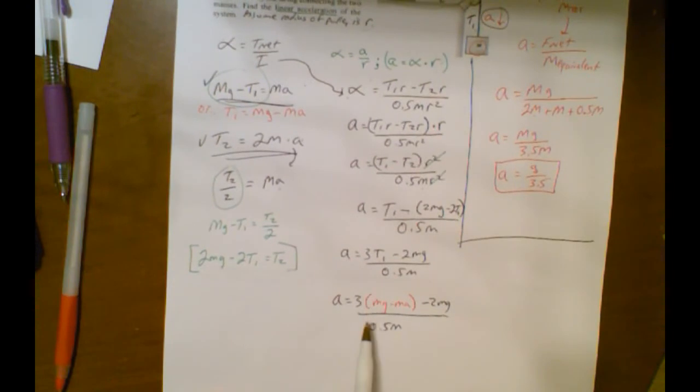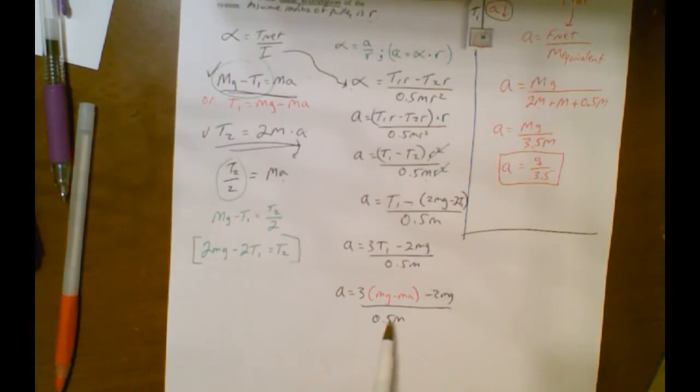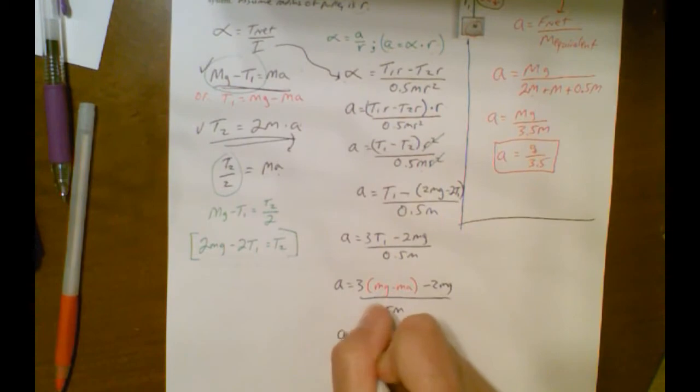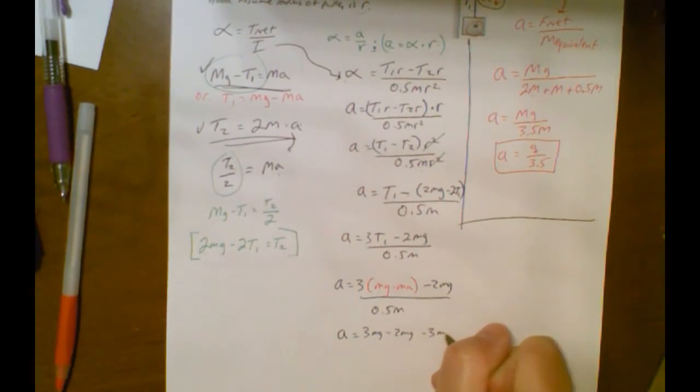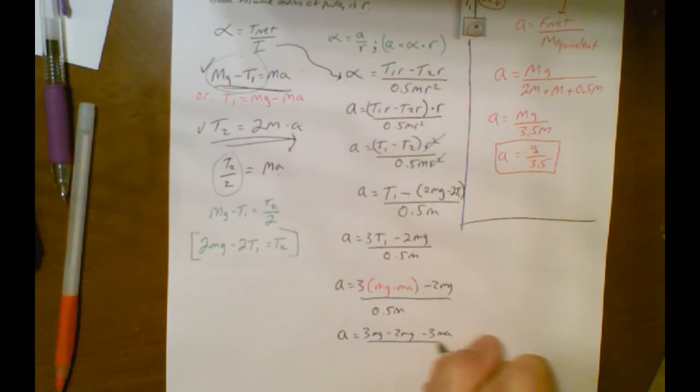So 3mg minus 2mg is just equal to mg. And I've got 3ma. So a equals 3mg minus 2mg minus 3ma over 0.5m. So now we're getting there.